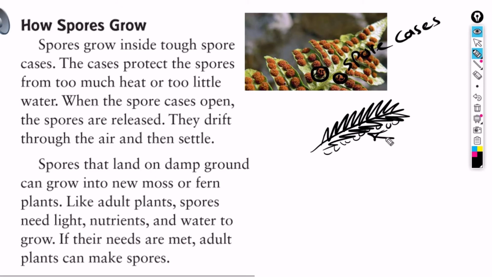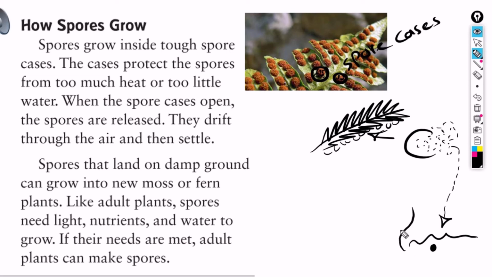Okay, now what will happen with the spore cases when we have a lot of spores inside? The spore cases open, explode, and get all the spores out into the air, and they fly, and after that they land on the soil. If the soil has a lot of water, moist soil, it lets the spore grow and make another fern.